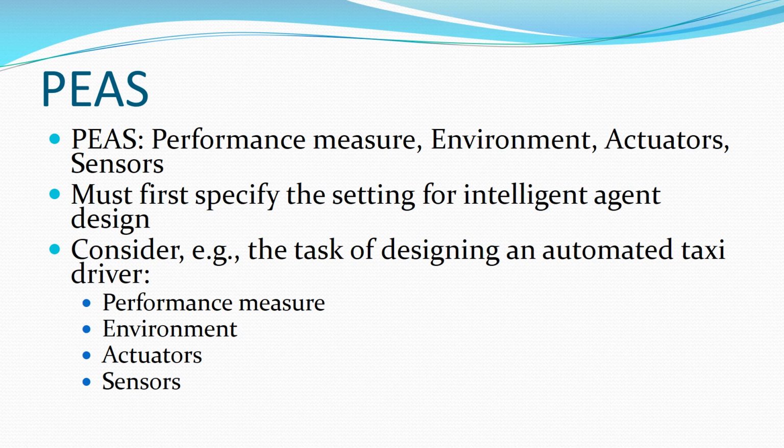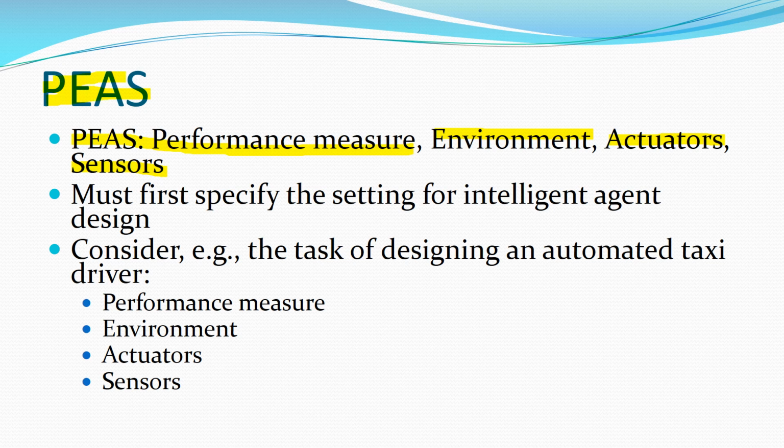For the acronymically minded, we call this a PEAS description. P stands for performance measure, E stands for environment, A stands for actuators and S stands for sensors. So whenever you design an agent, you have to define the task environment in terms of this PEAS.